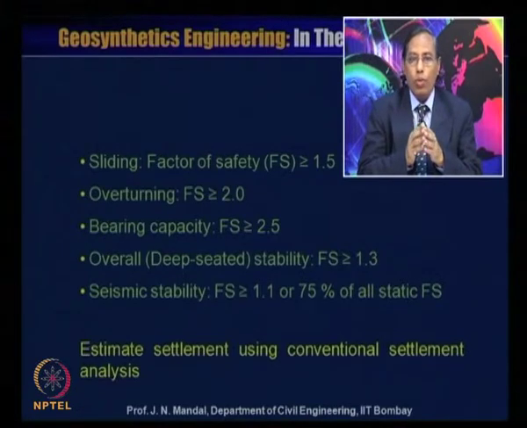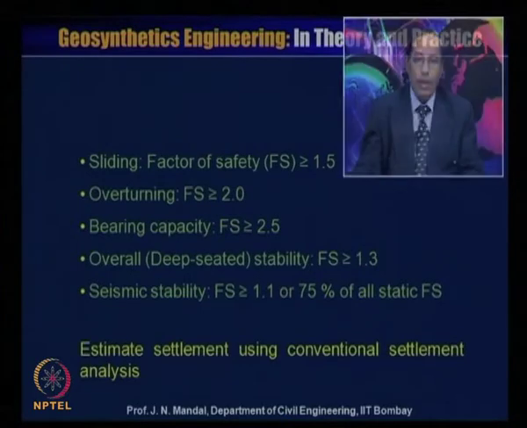So if you know the factor of safety in the static case due to sliding, overturning, etc., then you have to check the seismic stability, and the factor of safety should at least be 75% of the static factor of safety. It is also essential to estimate the settlement, and for this you can use the conventional settlement analysis.